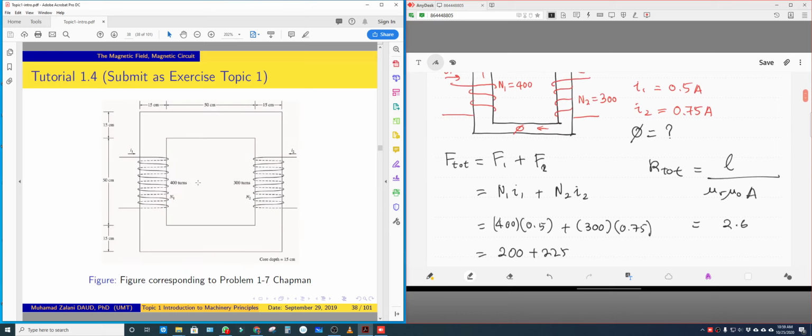Why do we get 2.6? Actually, we sum up all of the paths: 0.5, 0.15, and so on, right? So we add everything. For example, 0.5 has 4 sections, and 0.15 also has 4 sections.